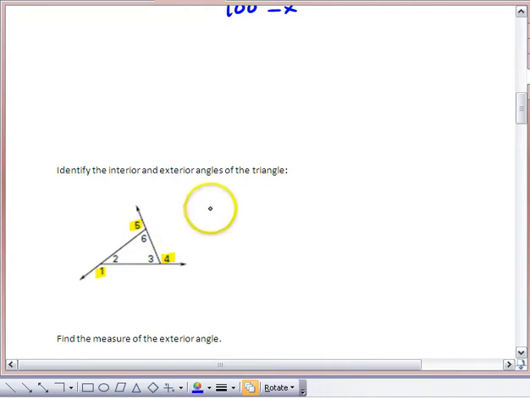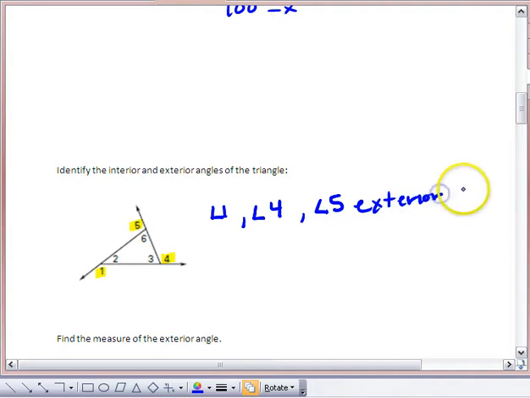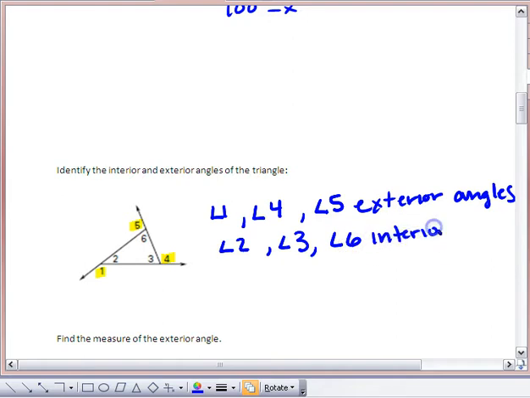So, angle 1, angle 4, and angle 5 are all what we call exterior angles. But angle 2, angle 3, and angle 6 are all interior angles. And that's because they're inside my shape. So these three are my interior angles.